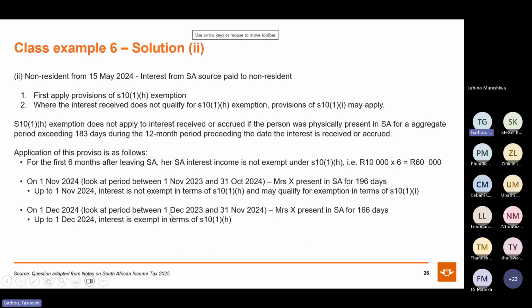So between the 1st of December 2023 to the 31st of November, when was she present in South Africa? We know she was present in South Africa from the 1st of December 2023 to the 14th of May 2025. And if we count all of those days, it will give us 166 days.